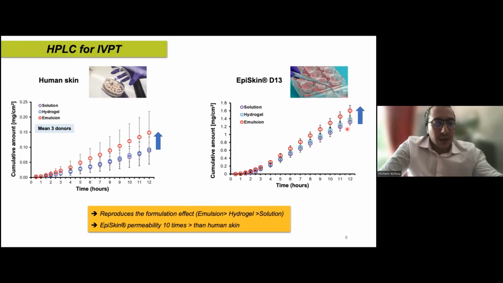This demonstrates that the EpiSkin replicates the formulation effect. However, at the 12-hour mark, the cumulative amount in EpiSkin was about 1.6 milligram per square centimeter compared to 0.15 for human skin, indicating that the permeability through the EpiSkin is about 10 times higher than human skin.